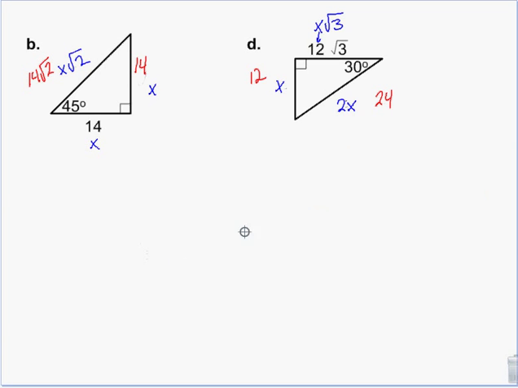Now what we haven't talked about yet is what to do in a situation like this. So here's my 30, 60, 90. And they gave me this length here.